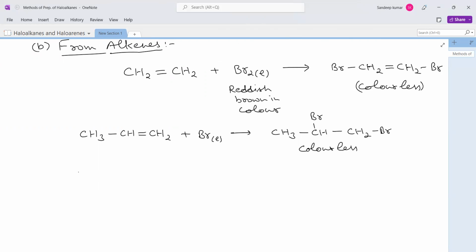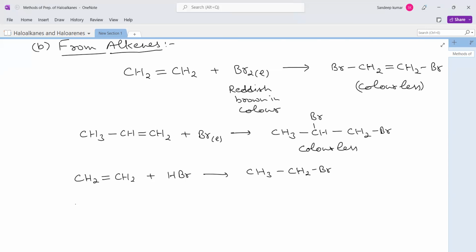We can also add hydrogen halides to the alkenes. For example, we can add HBr. As it's a symmetrical alkene, we can add HBr in any orientation. The bromine could be attached to either of the carbon atoms and hydrogen to the other carbon atom.